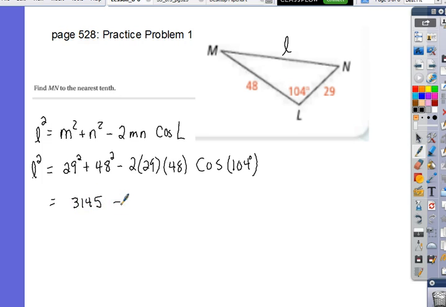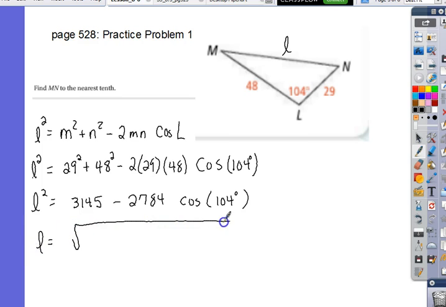And then 2 times 29 times 48 gives you 2784. And then L will equal the square root of all that. So don't forget to take the square root. That's important.